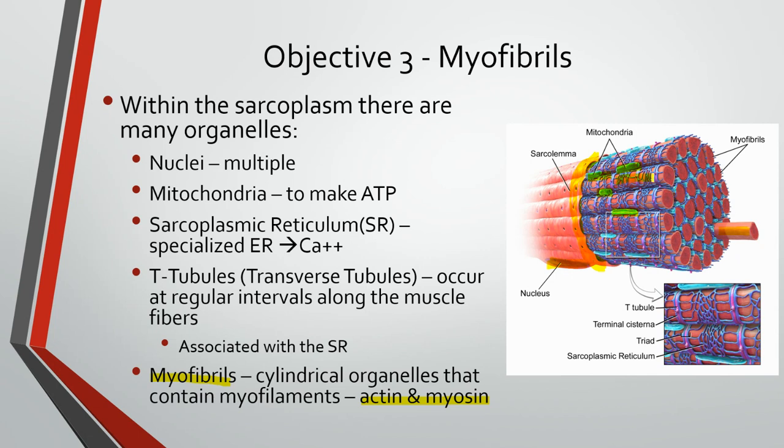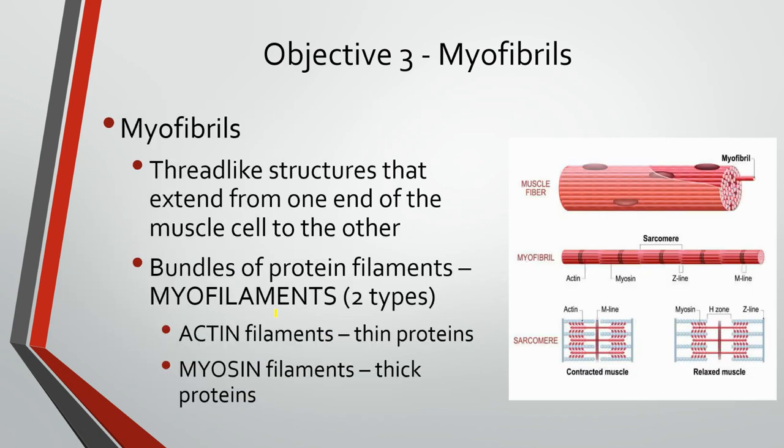Then you have a specialized smooth ER called the sarcoplasmic reticulum, a tubule network. Going to the sarcoplasmic reticulum are transverse tubes called T-tubules. They surround each of those myofibrils and are connected to that sarcoplasmic reticulum. We're going to see those terms coming up again in a little bit.